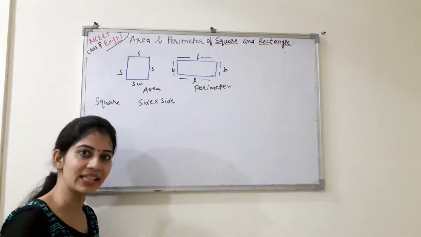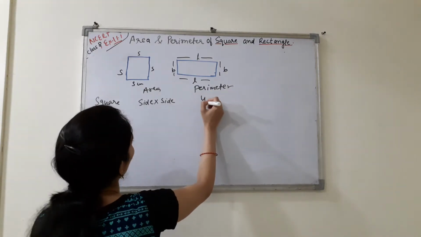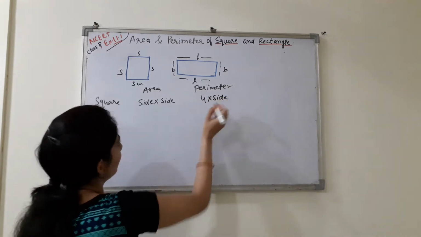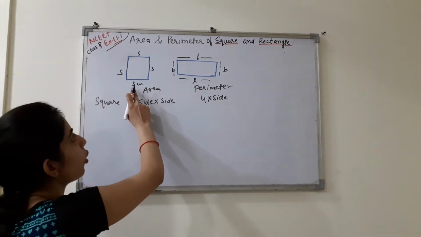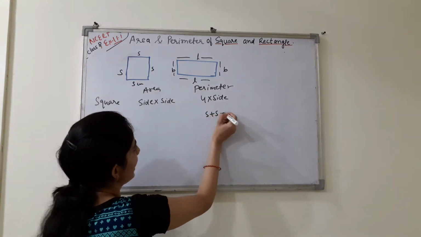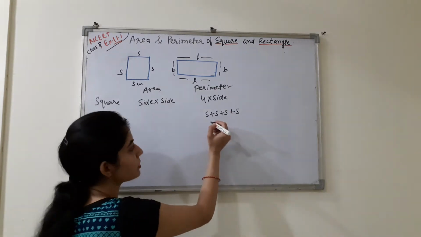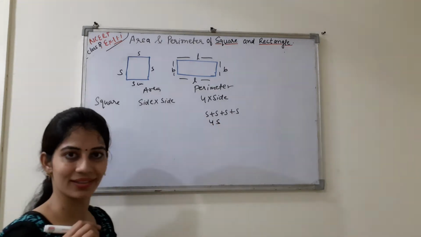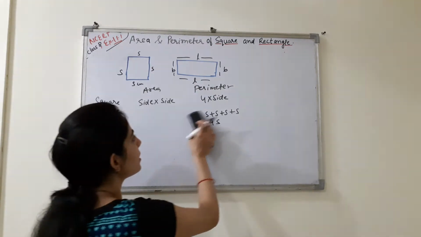Side into side, right? Now the perimeter of a square is what? 4 into side. See, why is it 4 into side? Because here all the sides are equal, so it means s plus s plus s plus s. How many times do we have s? 4 times, so it will be 4s, right? So the perimeter of a square will be 4 into side.